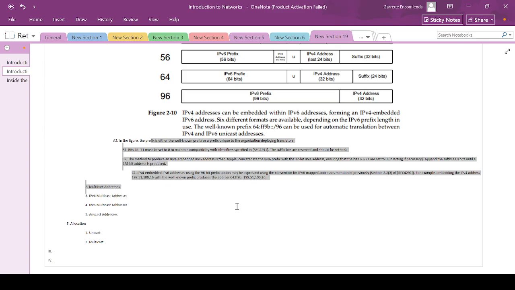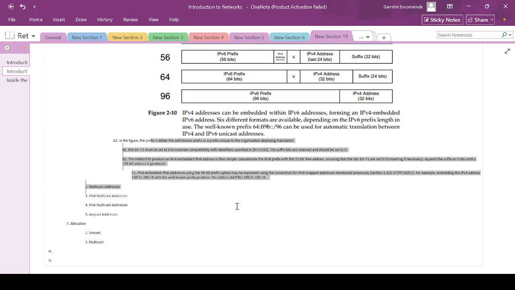The method to produce an IPv4-embedded IPv6 address is then simple. Concatenate the IPv6 prefix with a 32-bit IPv4 address, ensuring that bits 64 to 71 are set to 0, inserting if necessary. Append the suffix as 0 bits until a 128-bit address is produced.